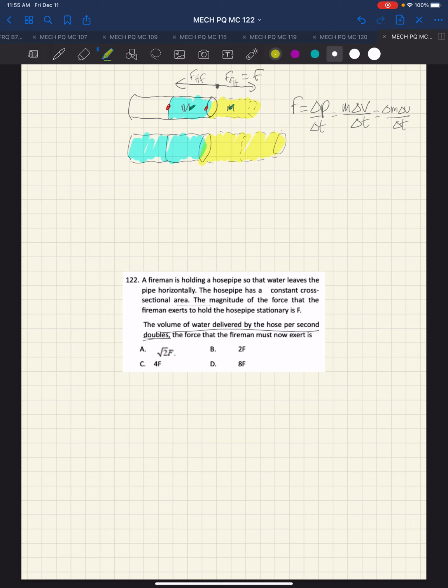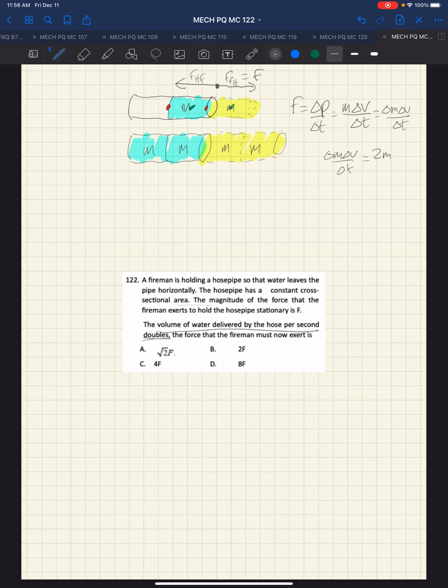So we have this M and this M moving to this location. So in terms of delta M, delta V over delta T, the mass that is moved is twice the mass.